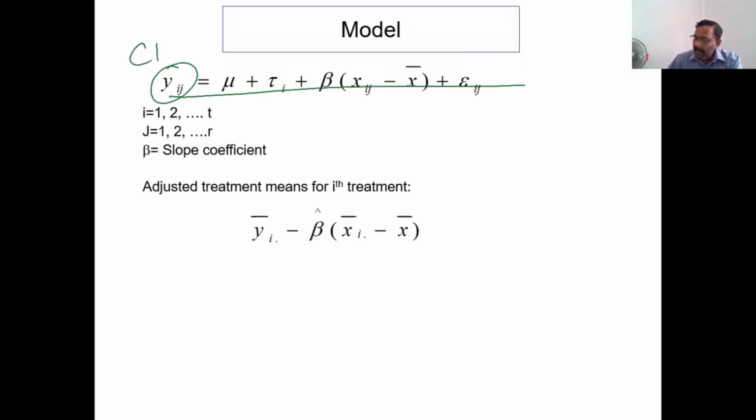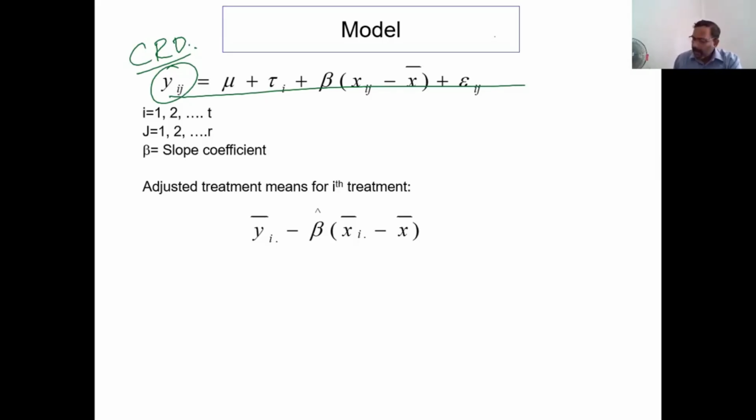In ANCOVA also, because we said it is a combination of analysis of variance and regression, we can combine in different forms. So this is the observed value of the ith treatment in the jth replicate, Yij.